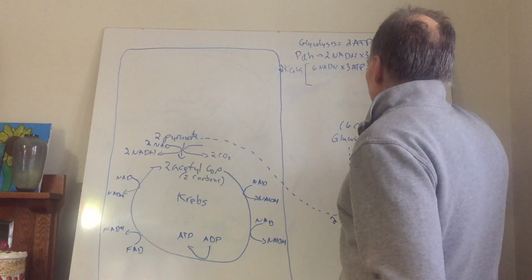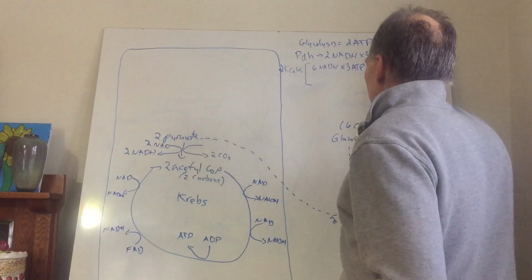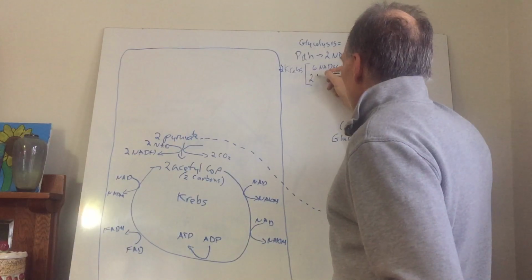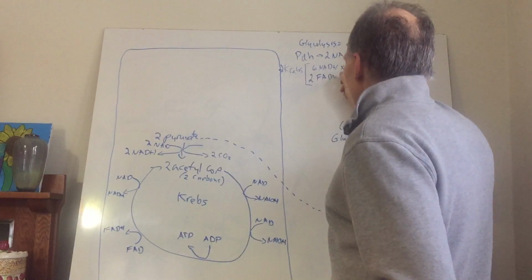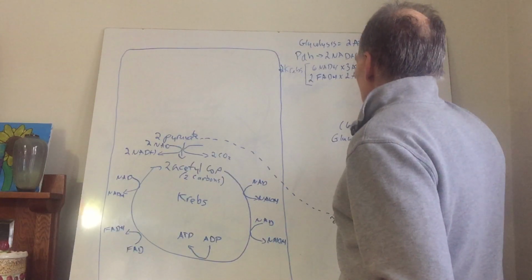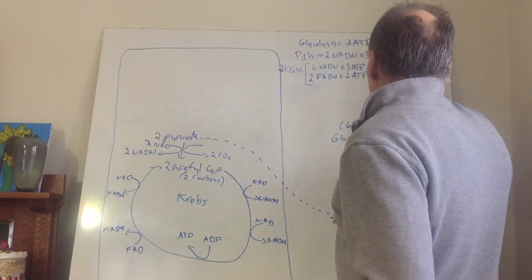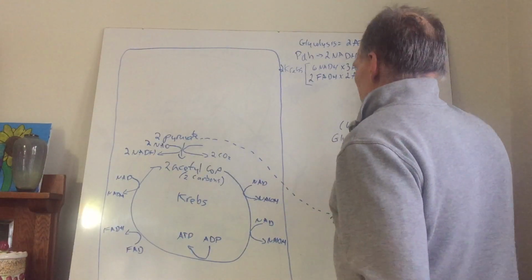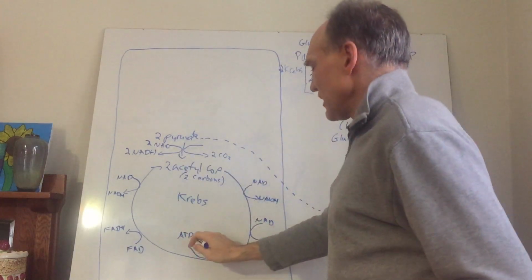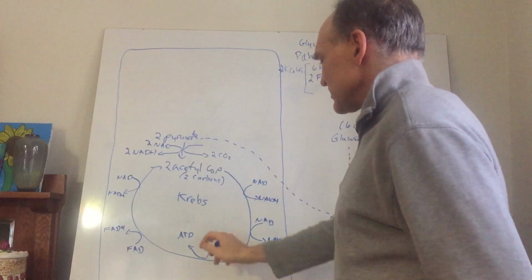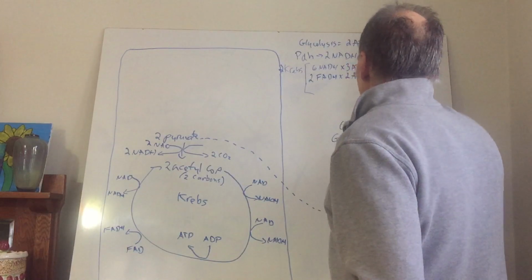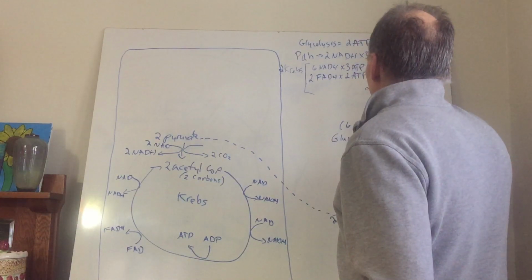That gives you 18 ATPs from the NADH that are produced in the Krebs cycle. Again, with 2 rounds of the Krebs cycle, you get 2 FADH. When that goes to the electron transport chain, it produces about 2 ATPs each, so you're getting 4 ATPs from that process. Then within the Krebs cycle itself, you have 1 ATP produced at this step. It goes around twice, so you end up getting 2 ATPs from that.